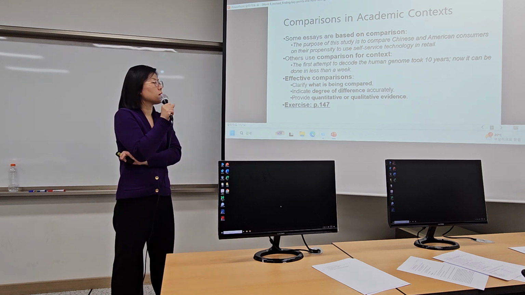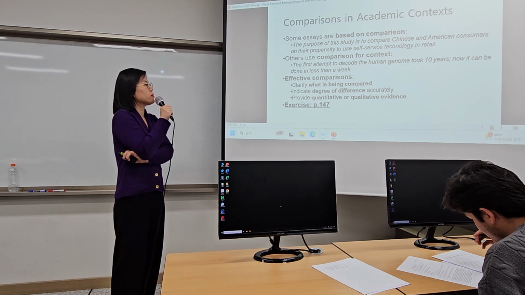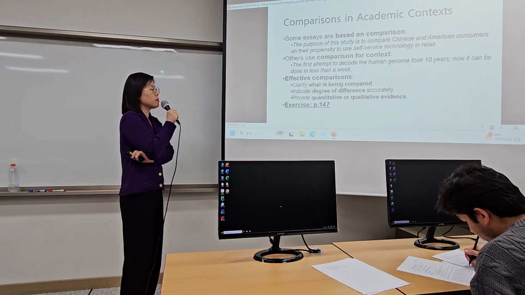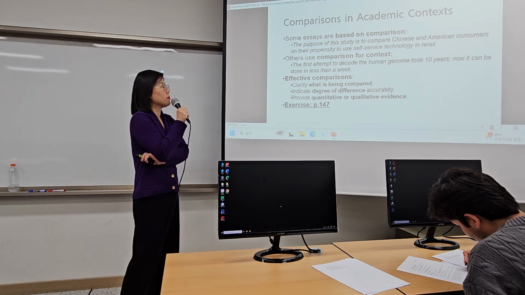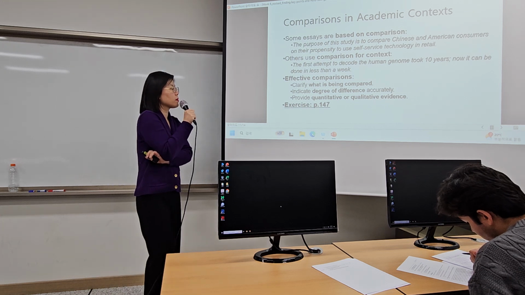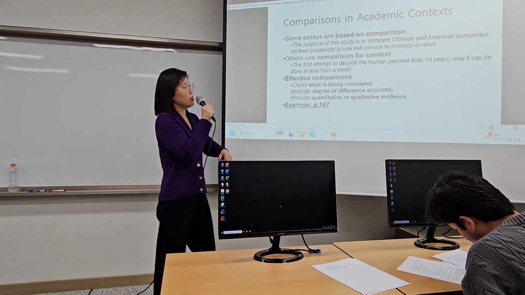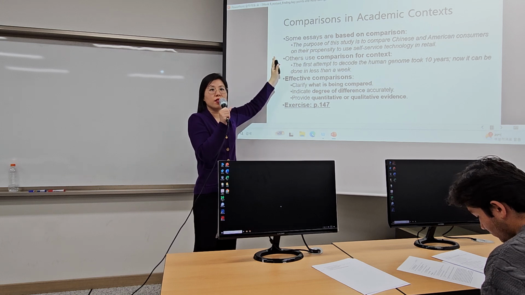Now it can be done in less than a week. Effective comparison: clarify what is being compared, indicate degree of difference accurately, provide quantitative or qualitative evidence. So we make comparisons for different topics and different contexts.